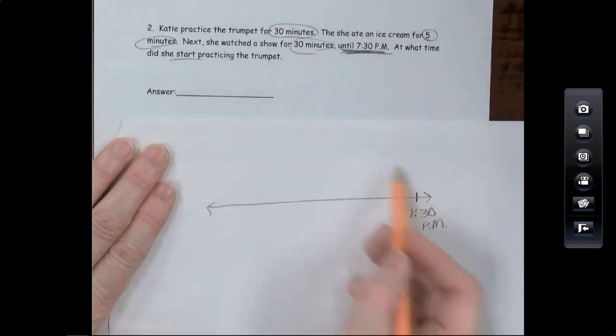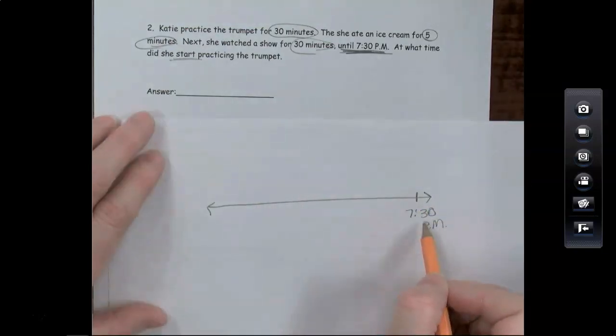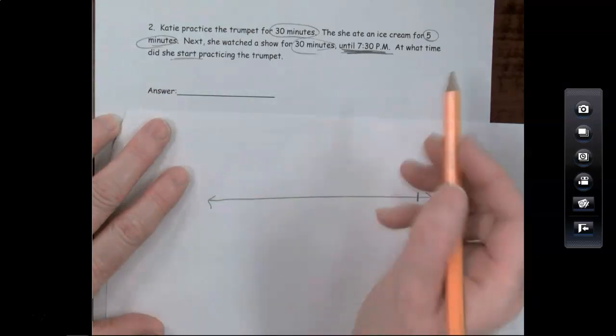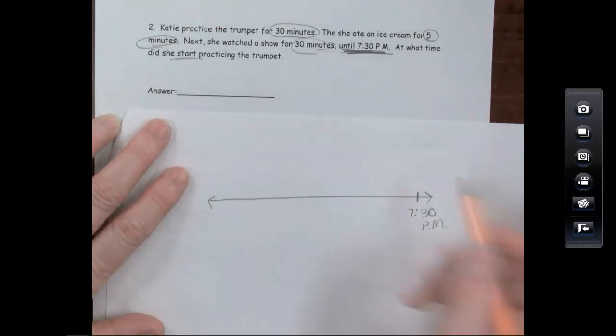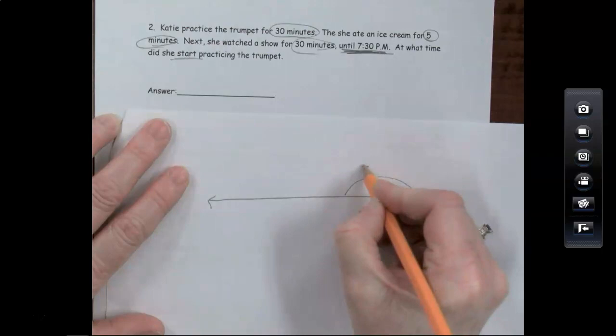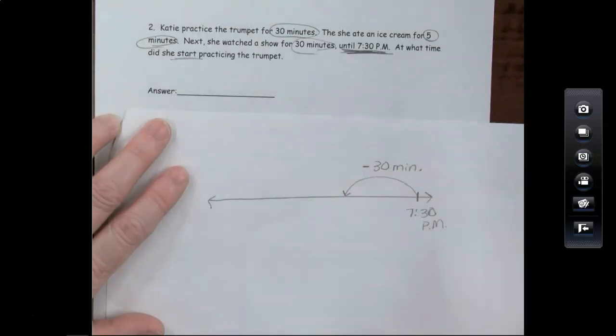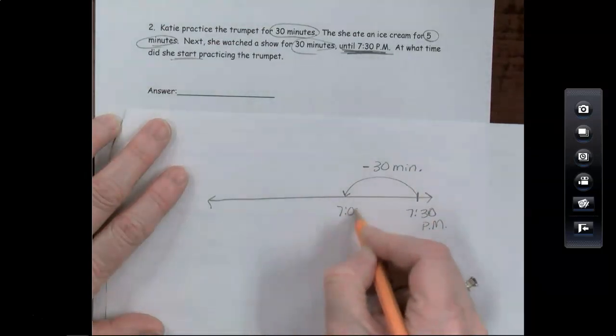We're going to go backwards, because we know when she stopped. At what time did she start? It's what we need down here. She watched the show for 30 minutes, so we have to go back, minus the 30 minutes. So 7:30, you're going to take away the 30 minutes. It would be 7.